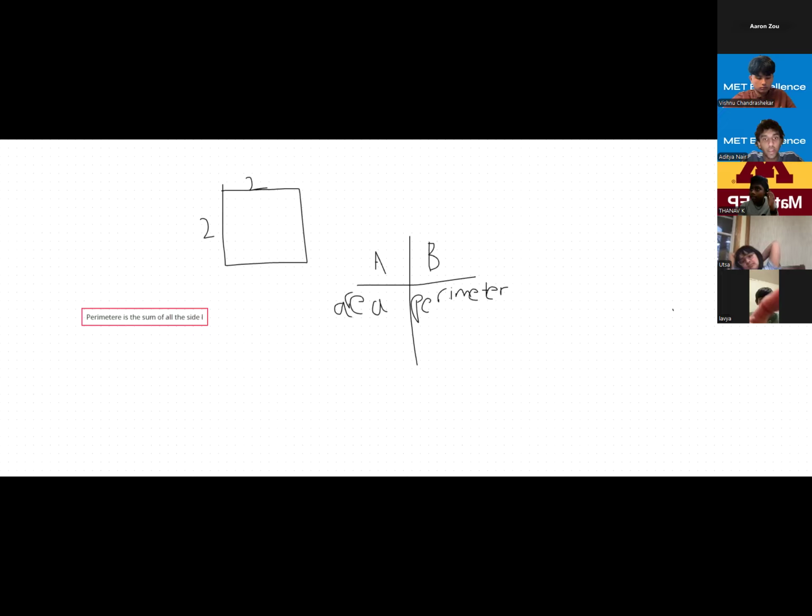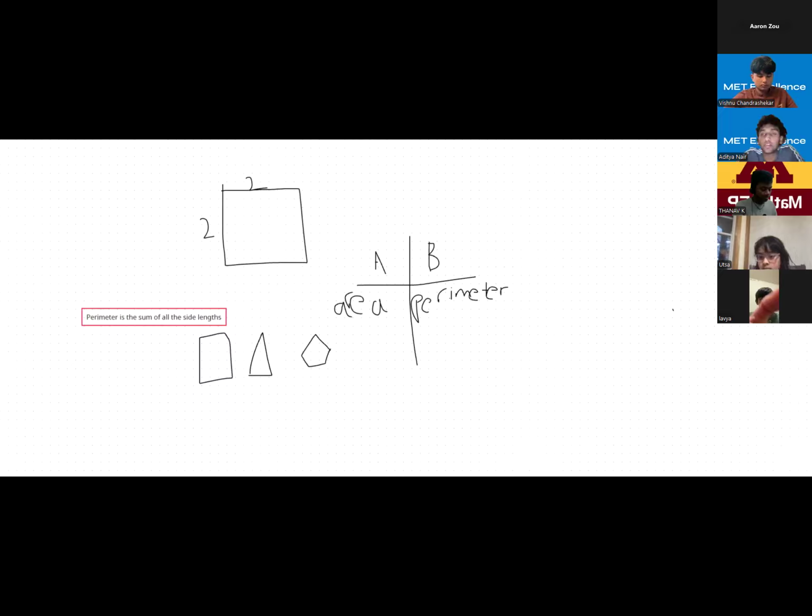This goes for any shape that is closed. It goes for a square, it can go for a triangle, it can go for, let's say, a pentagon. So the perimeter is just the sum of all the side lengths.